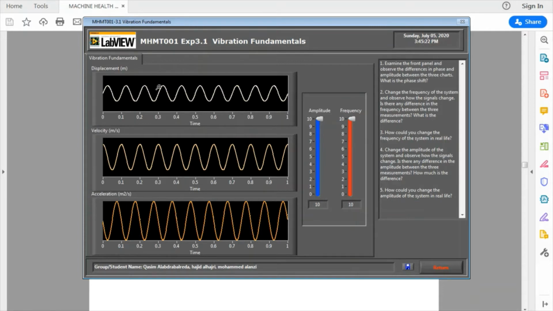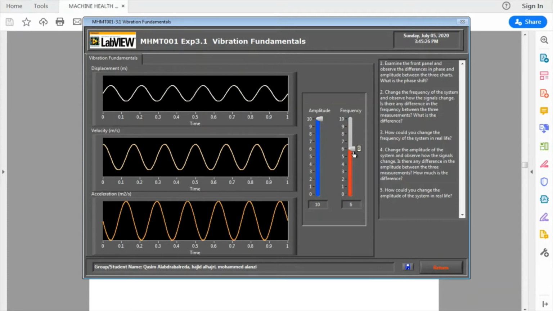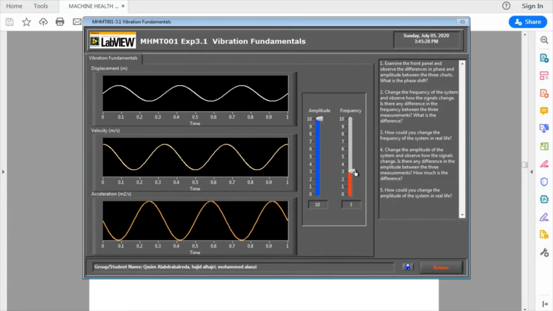And we can just play with the parameters to reduce the frequency to 3. For example, we have 3 cycles per 1 second. For amplitude, if this is 10, that means this will be omega multiplied by 10, that means 30, and this will be 300. So we know already the difference.